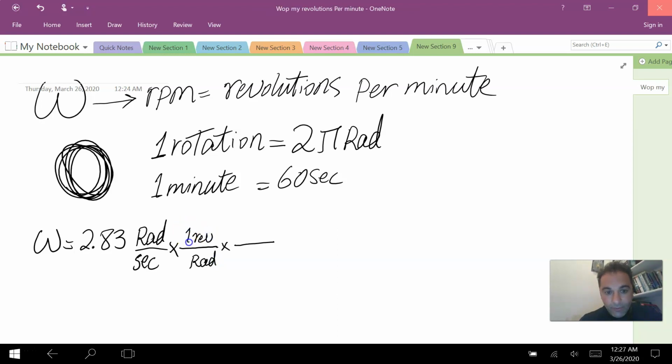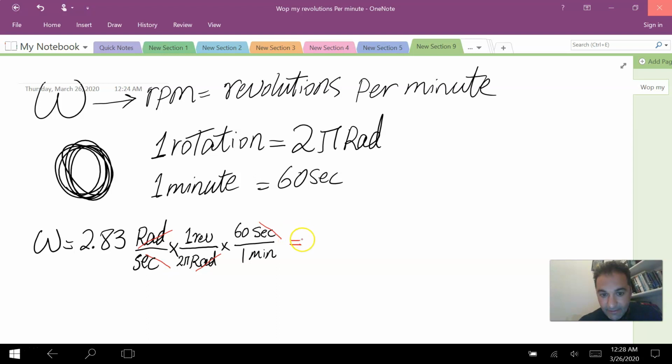We know one revolution is 2 pi radian, correct? Then seconds to minutes, so I'm going to write second here, minutes here, correct? 1 minute, as I know, is 60 seconds. Now, as I see, this radian with this radian is gone, correct? This second with this second gone, am I right?